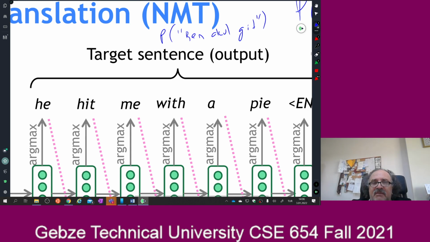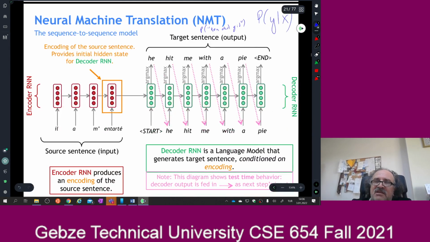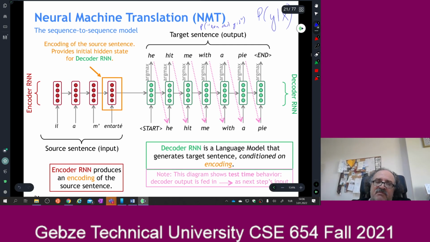These probabilities can be calculated for any length of sentences. So the same thing is here too. The length of the sentences, for English it could be different, and for French it could be different. Doesn't matter. That's an advantage, but I have the same advantage for the statistical machine translation. There is something different.